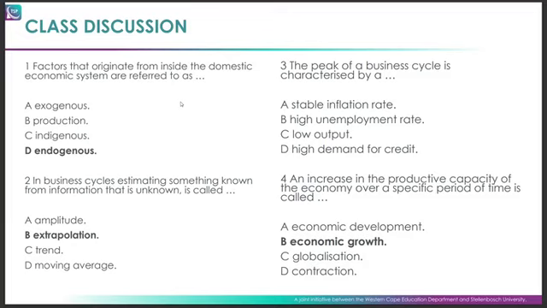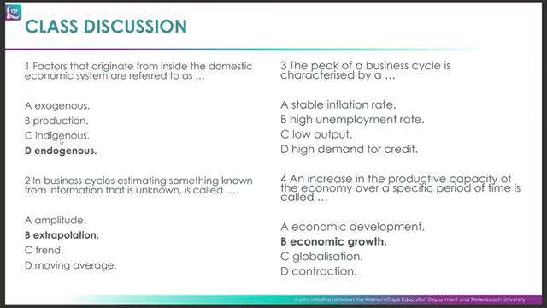Yes, but you need to think, why is it not A? Why is it not B? Why is it not C? I don't want you to just look at what is the correct answer. You've also got to think of why the others are not correct, okay?